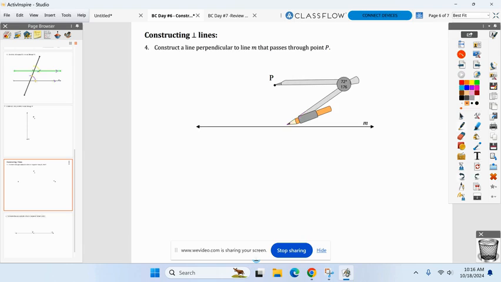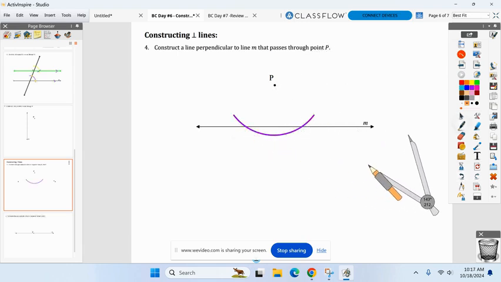Oh, I got to open up mine a little wider. Mark those 2 points of intersection on line M. Make sure it intersects in 2 spots.